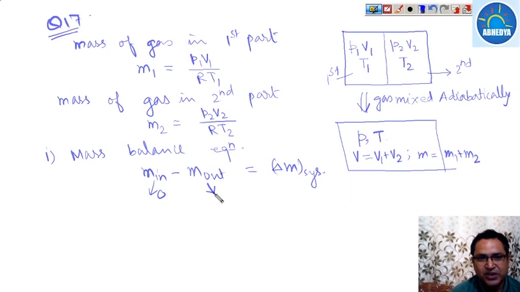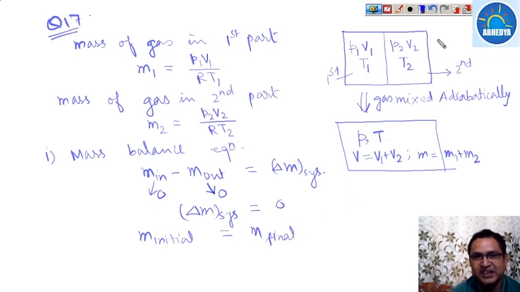Is there any mass going outside the system? No, so it is 0. So delta M of system, the change in mass of the system, remains 0, which means mass initial is equal to mass final. This condition is our initial condition and this condition is our final condition.